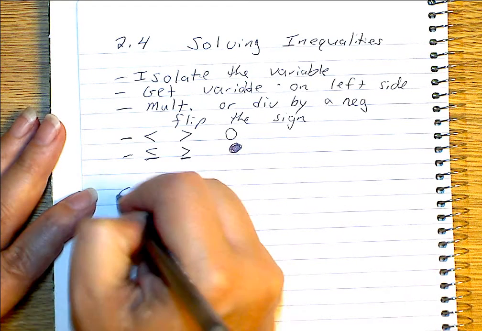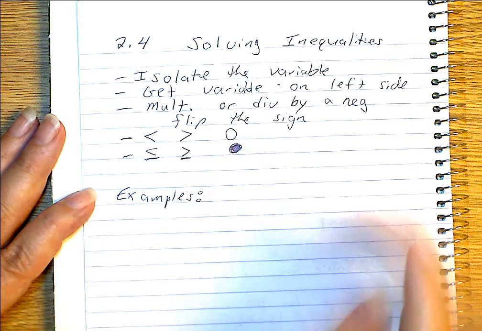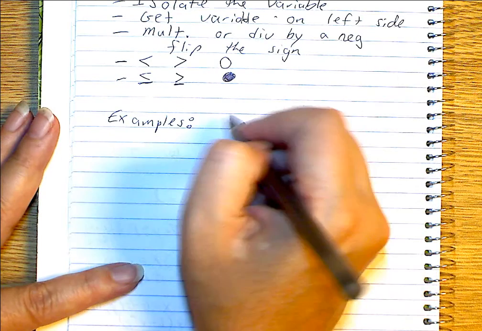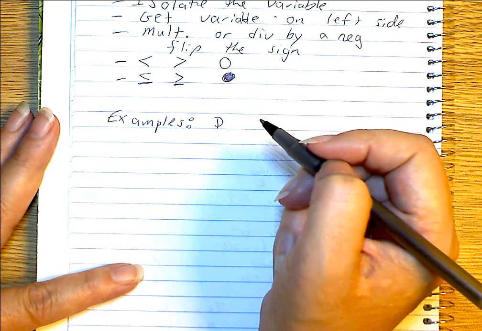Examples. So the first examples we are going to do is determine if the given value is a solution to the inequality.